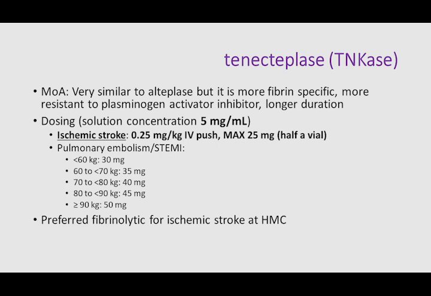One thing to keep in mind is that the kits usually come in 50 milligram vial. So for ischemic stroke, the max that you'll ever give would be half a vial. After dilution, the solution concentration should be 5 milligram per mil.